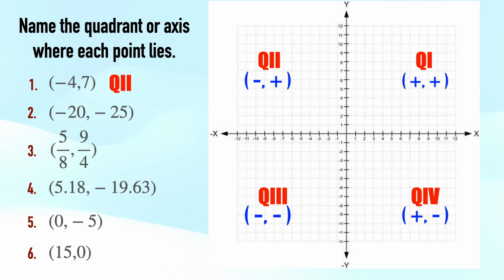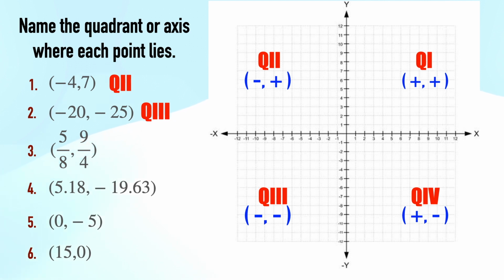So the x coordinate is negative and the y coordinate is negative. So anong quadrant siya? Ayun. Quadrant 3.